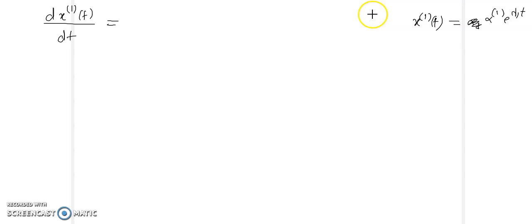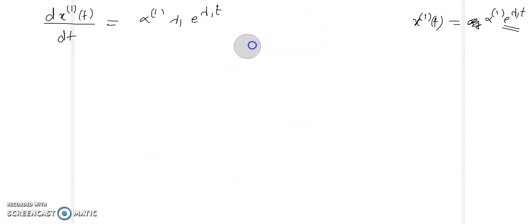When you take dx1 of t by dt, where x1 of t is equal to alpha 1 e raised to lambda 1 t, the derivative will be alpha 1, a constant vector. Then this part contains t, so the derivative is going to be lambda 1 e raised to lambda 1 t.